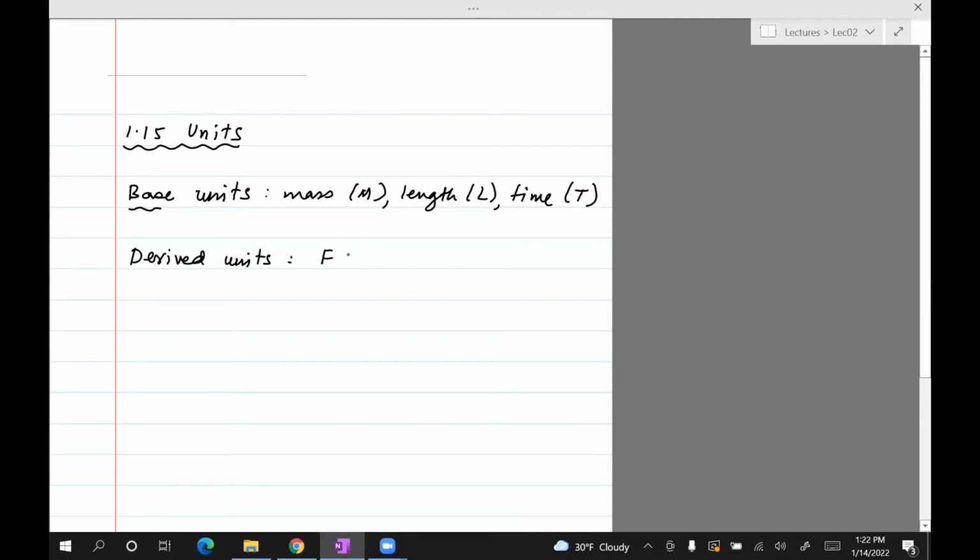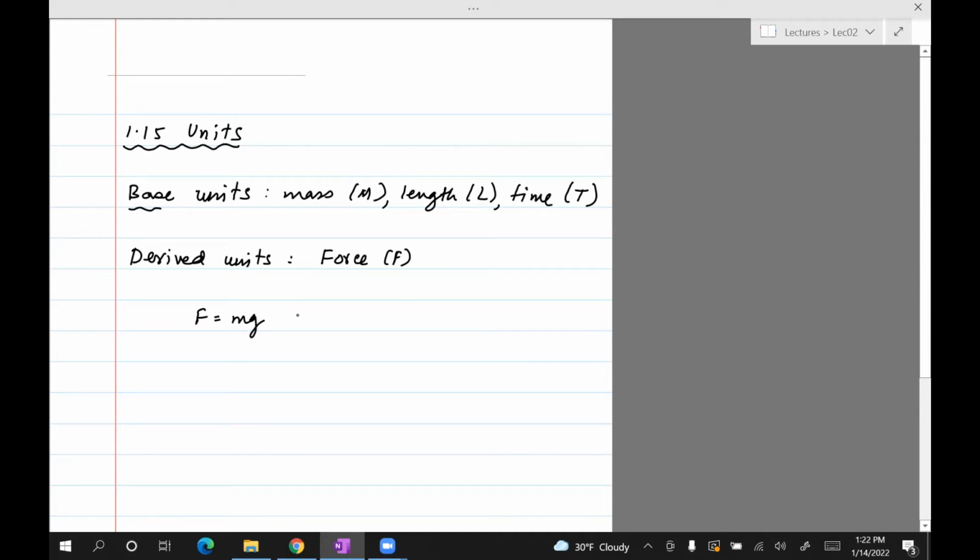So for example, force. If you want to find the units of force, you can use any definition of force. Force is mass times gravity, mg.